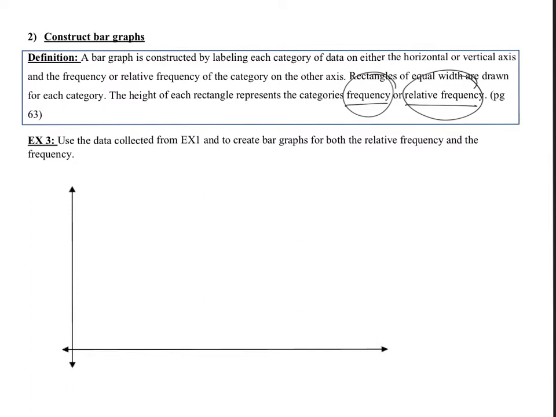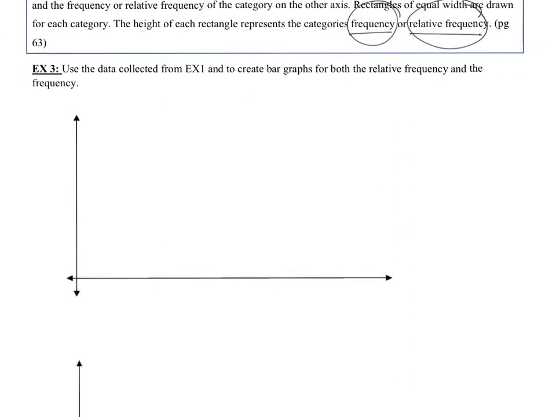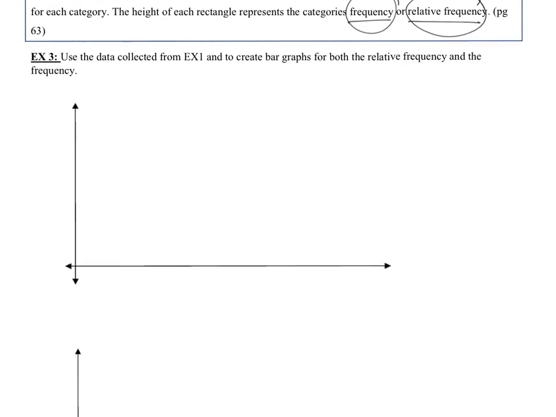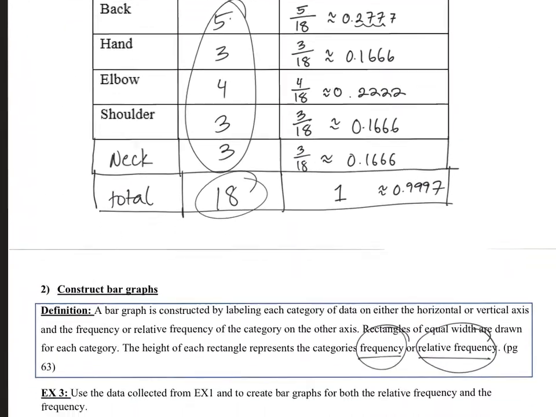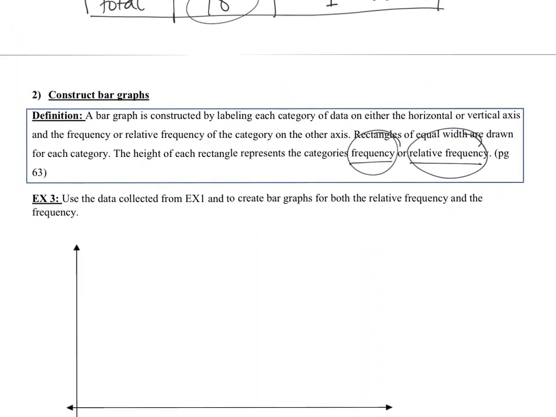Okay, so example 3. Use the data collected from example 1 to create a bar graph for both the relative frequency and the frequency. So let's go ahead and first create one using the frequency, because this was from example 1. So the frequencies we saw were back was 5.